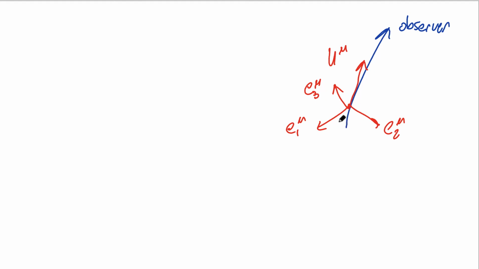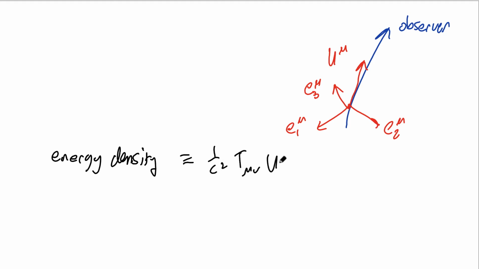These vectors are orthogonal to each other, they're normalized, and they're orthogonal to the 4-velocity u. So for this observer, the energy density is 1 over c squared T mu nu u mu u nu.